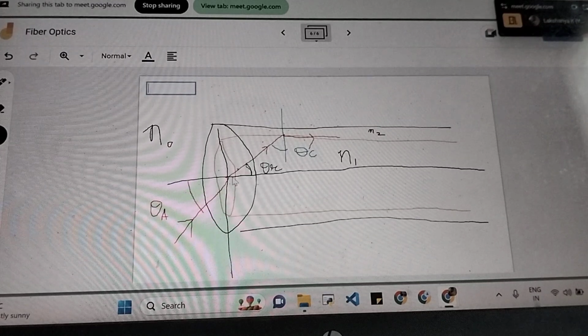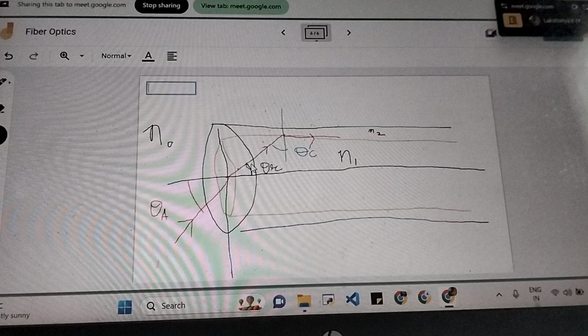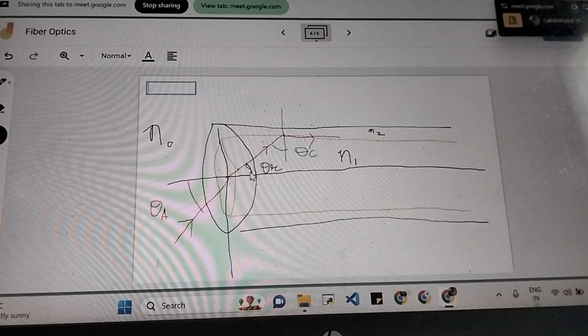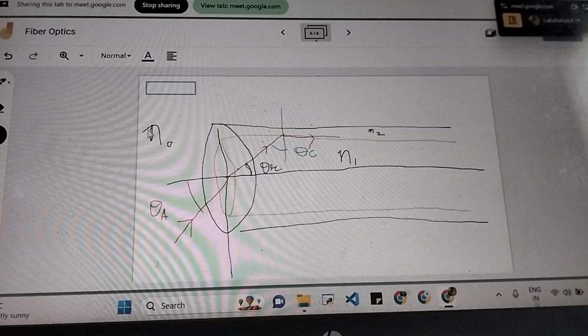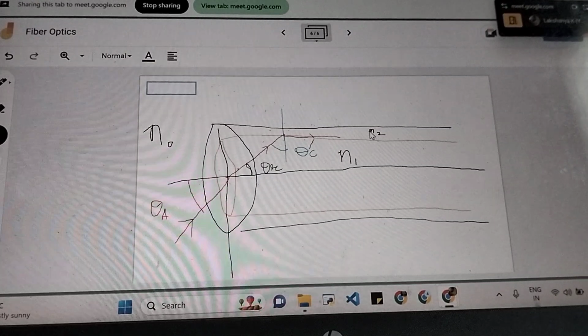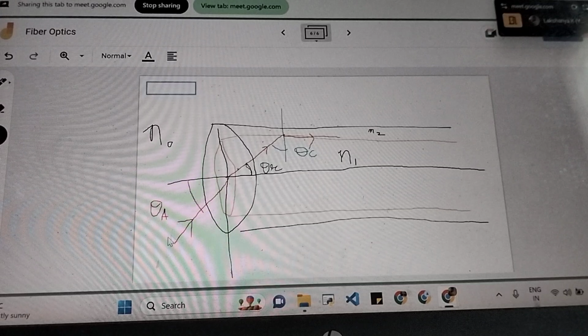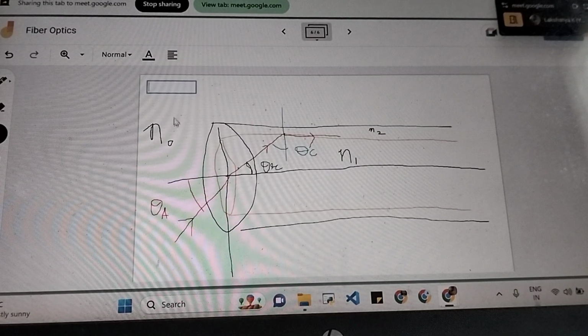Your light is incident with an angle of theta A over here, and at this point it makes an angle theta R. The refractive index of your outer medium is N0, your core is N1 and your cladding is N2. So now we look at the air core interface. We assume this is air unless otherwise specified.